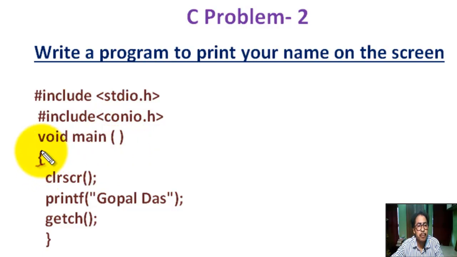Next, block begins, clrscr function in this manner. This function clears the screen when we run the program. When a new program runs, output is displayed from the first line.